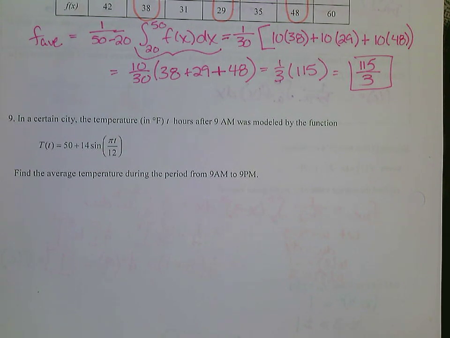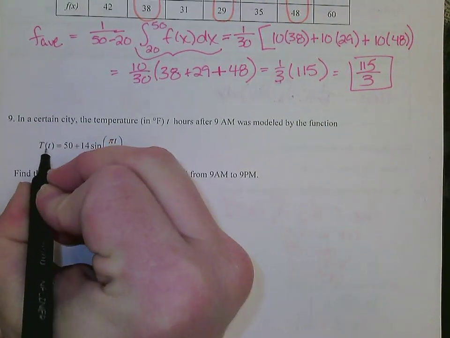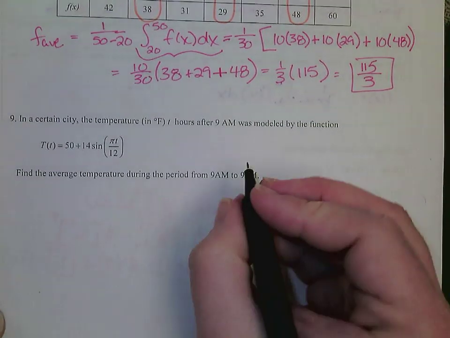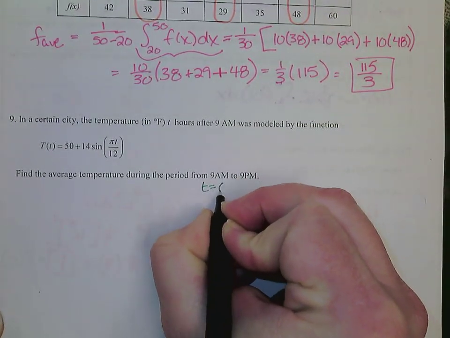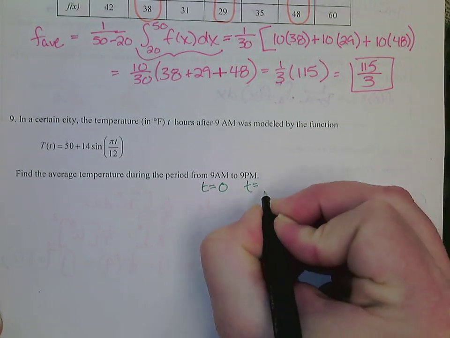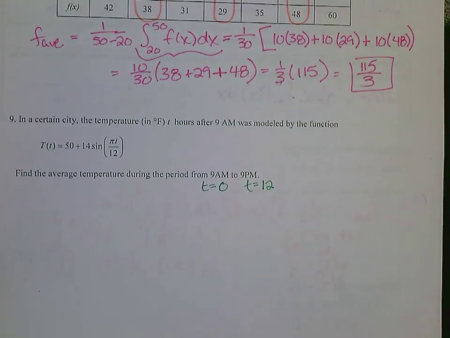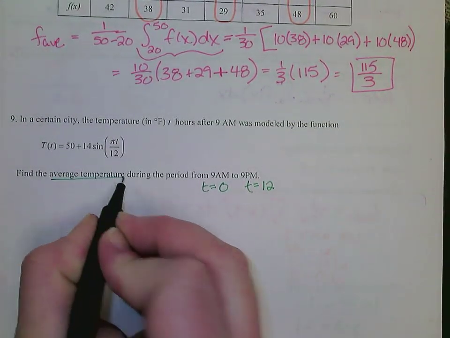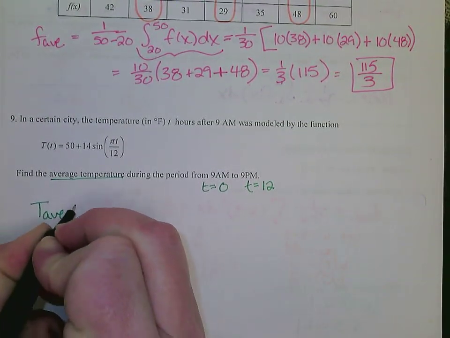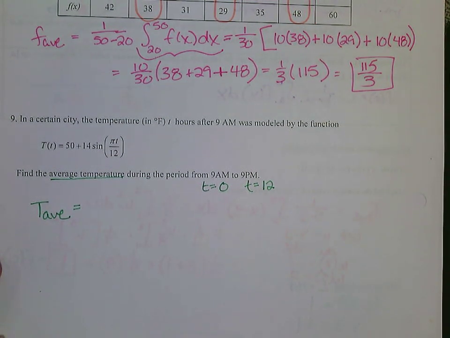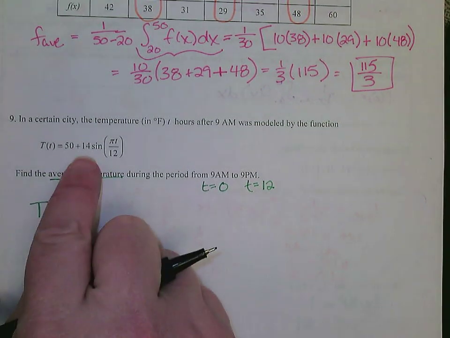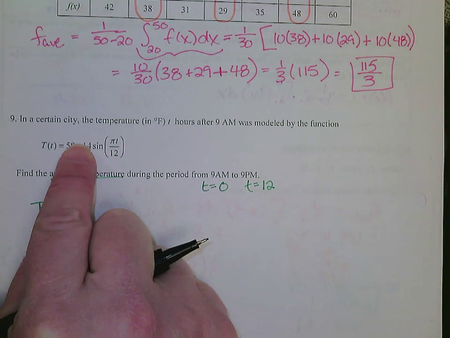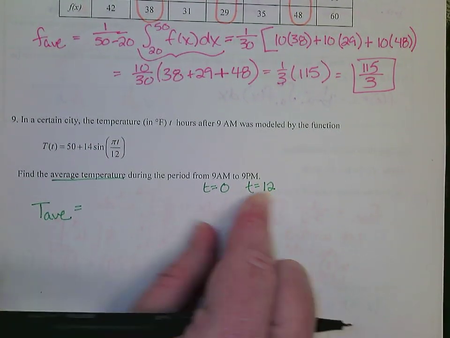Number 9, they want us to find the average temperature from 9 a.m. to 9 p.m. So we were discussing that if little t is measuring the hours after 9 a.m., then 9 a.m. is t equals 0, and 9 p.m. would be t equals 12 hours after 9 a.m. So then the average temperature, T average, is the average value of T. You're finding at what function value between 0 and 12 you get the same as the area under that graph.